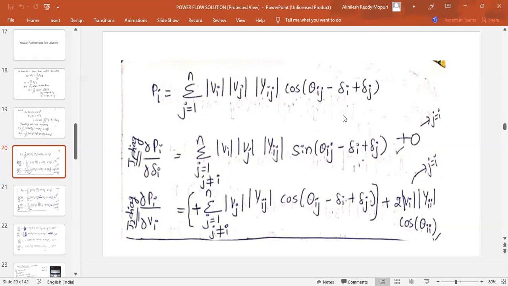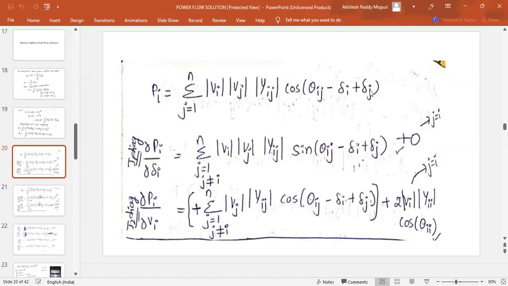Yeah, if you see carefully, suppose let me take a number to understand more clearly. Here i is 2 and j is 3. Now you have P2 equal to the sum over j = 1 to 3 of V2 Vj Y2j cos(theta 2j minus del 2 plus del j).